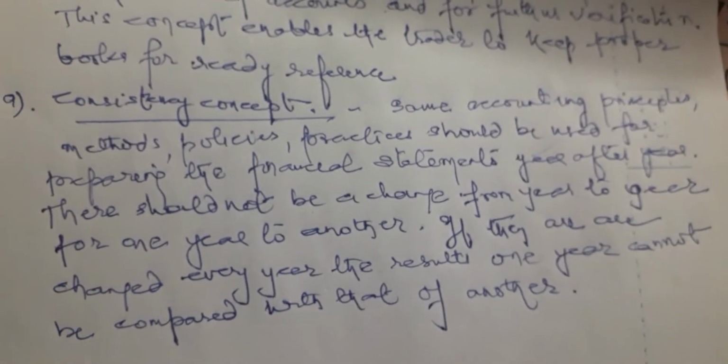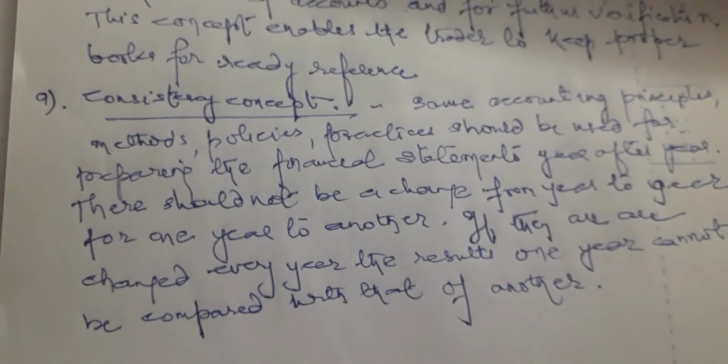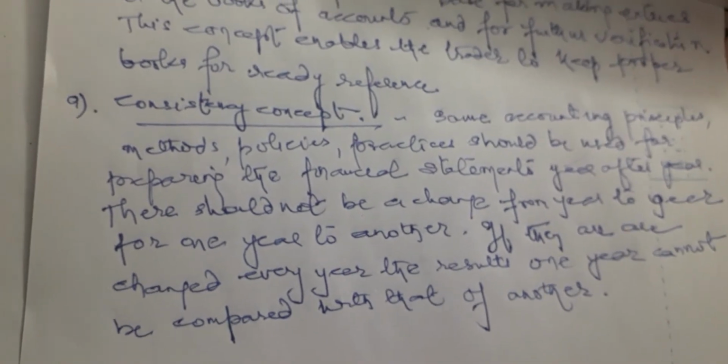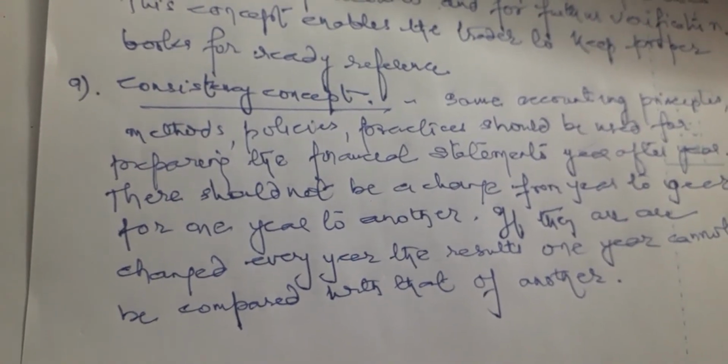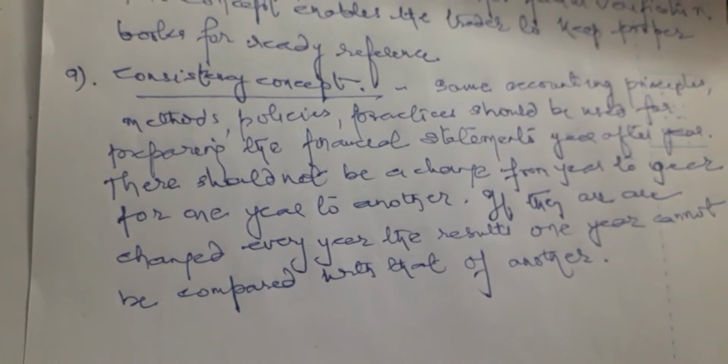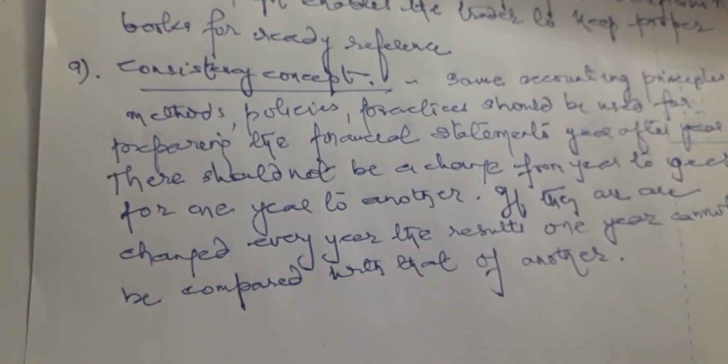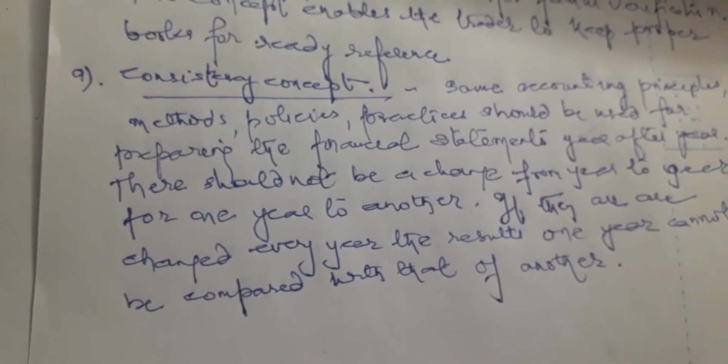If the policies, principles and methods are changed again and again, it will be difficult to assess the performance of the business, because the result of one year cannot be compared to the results of the other years.